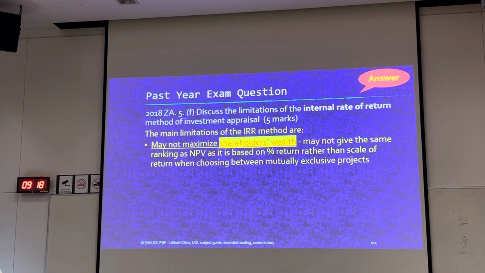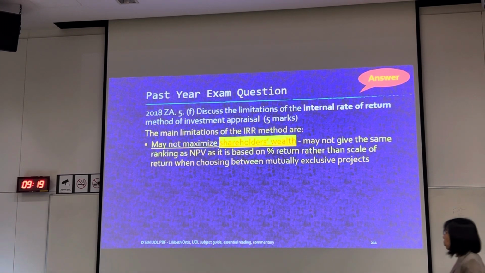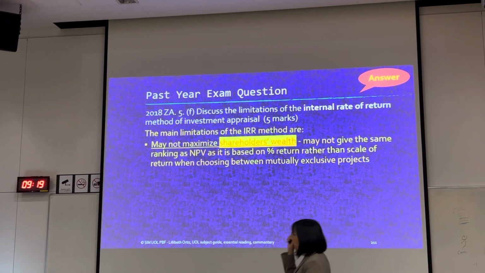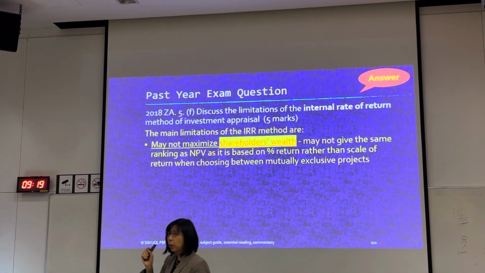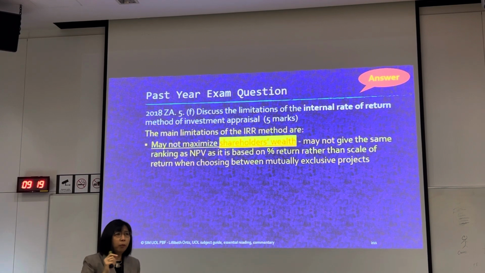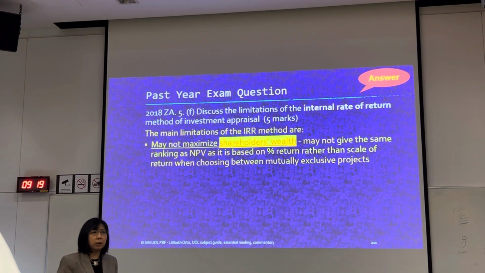You're just looking at return, which compares to the initial investment. So a small initial investment project would give you a high return, but in cash flow terms it doesn't give you as much. So you're looking at it as a percentage return when you look at IRR, but NPV gives you the absolute value in dollar terms. How much money does it bring in?